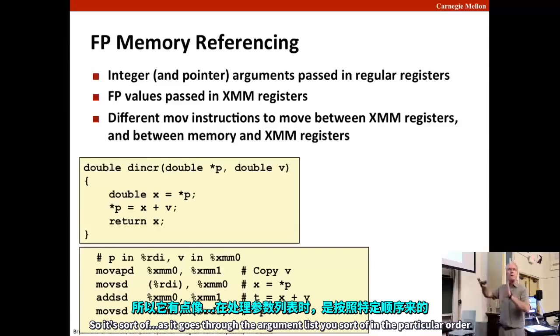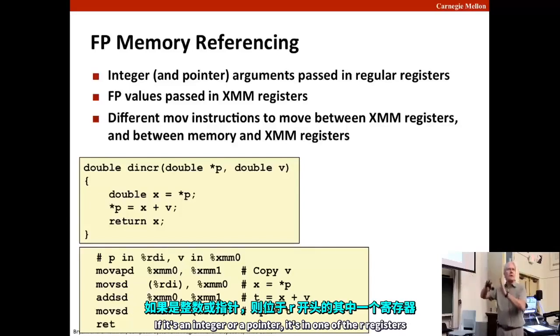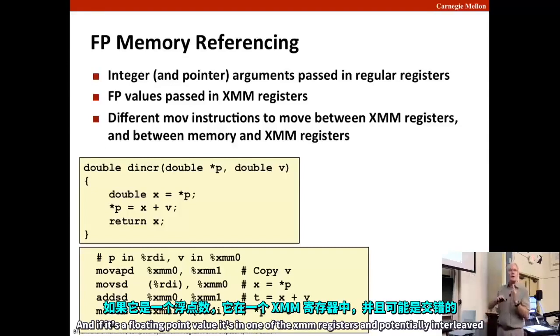As it goes through the argument list, in order, if it's an integer or a pointer, it's in one of the R registers, and if it's a floating point value, it's in one of the XMM registers, potentially interleaved.